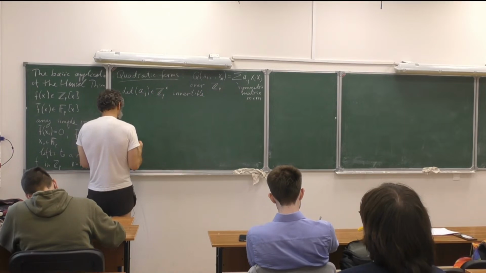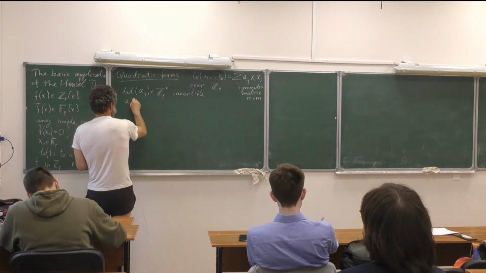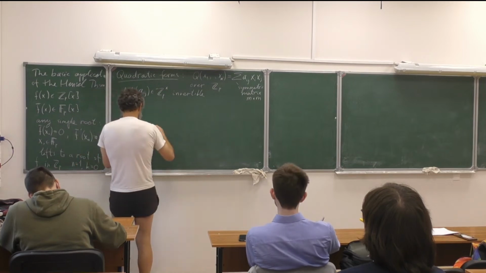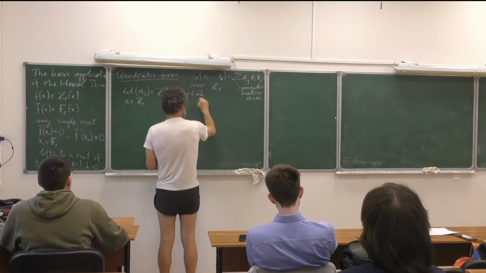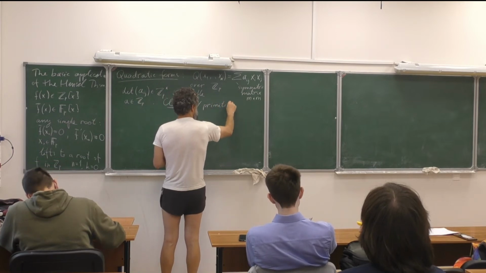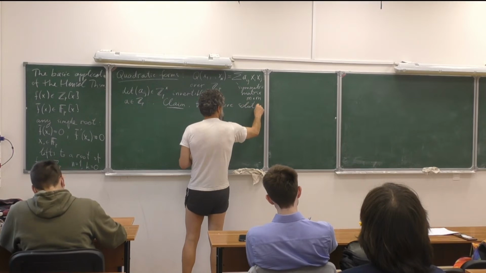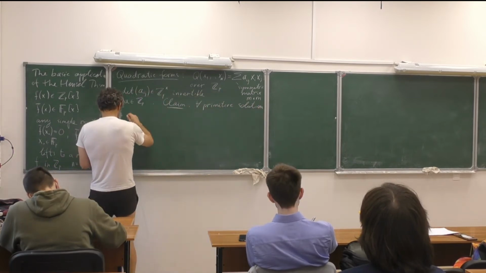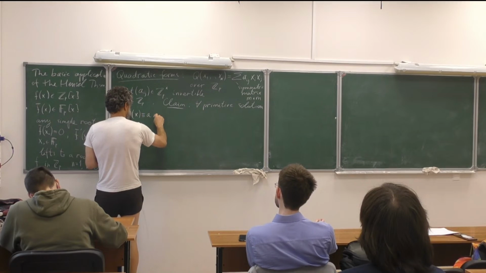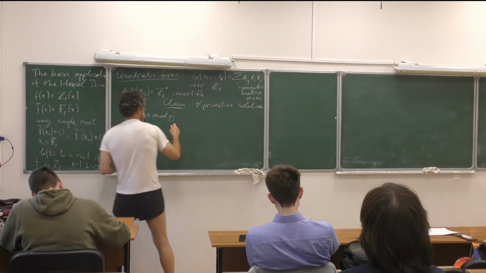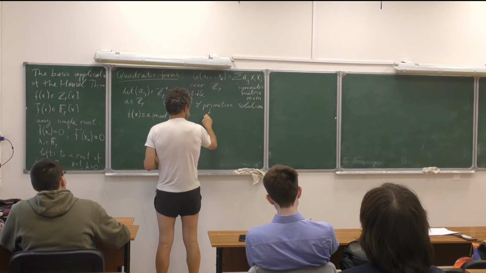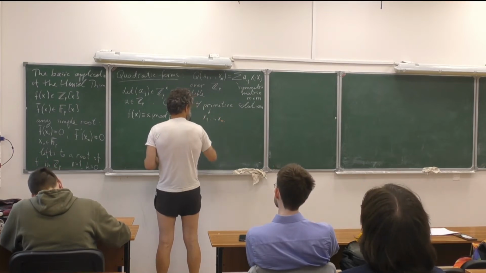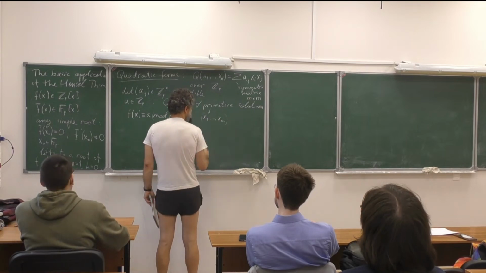Okay, and also take some value, and then the claim is that any primitive solution of q(x) equals that value, modulo p, and primitive means that x1 and so on, xm, are not all simultaneously divisible by p.